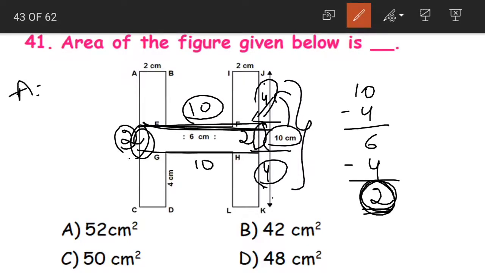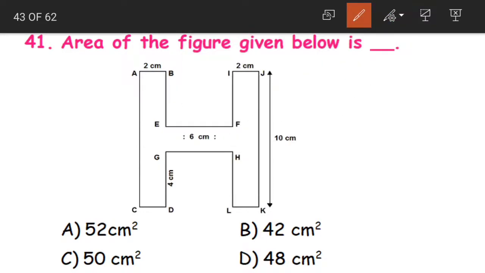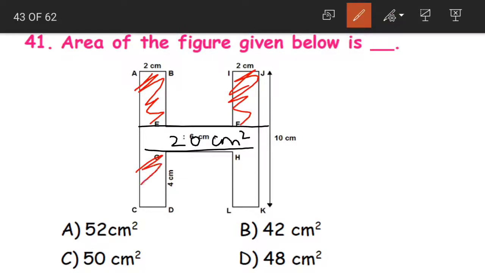What is the area? Length into breadth, that is equal to 10 into 2, that is equal to 20 centimeter square. Understood? The area of this given rectangle in the middle is 20 centimeter square. And the all other 4 rectangles, what was the area?